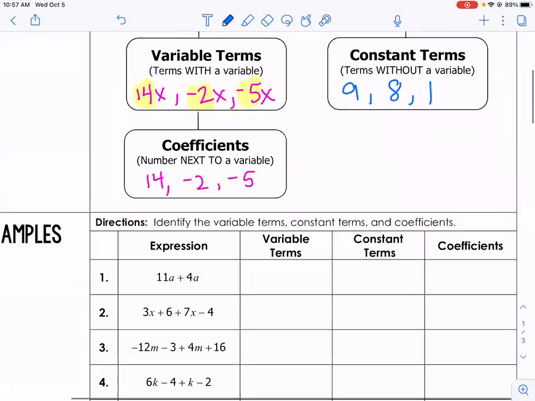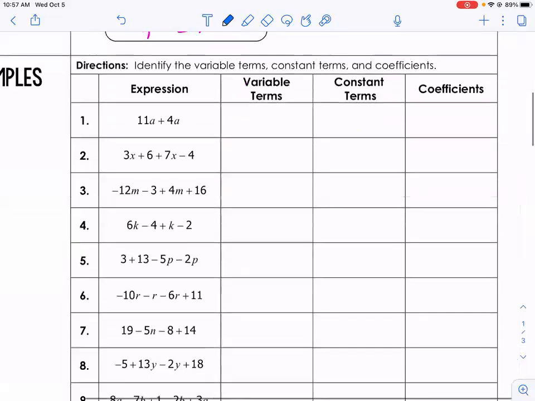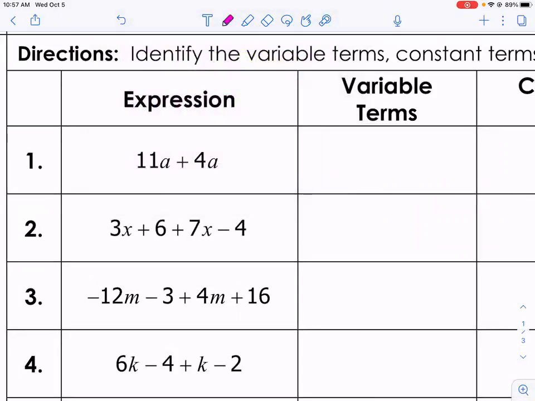I want you to look at this first example right here. 11a, is it a variable or a constant? Variable. And what about +4a? Okay, I'm out of terms.